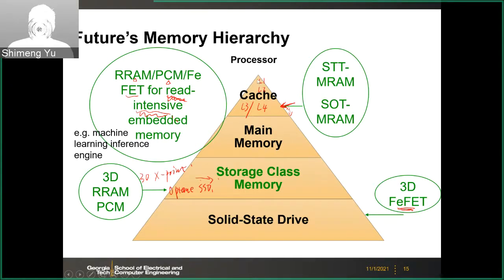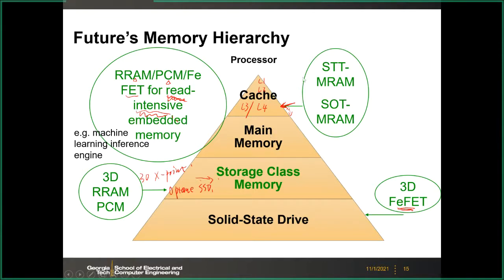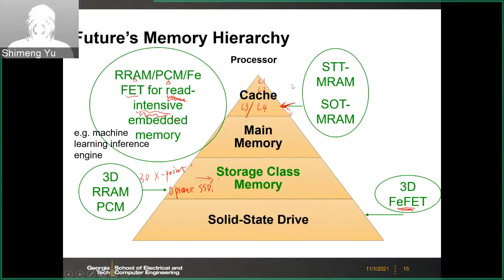So here is an outlook for the future of the memory system. If those non-volatile emerging memory technologies become mature, then you may have applications enabled by those new technologies. But they are not there yet. This is just an outlook for the future.